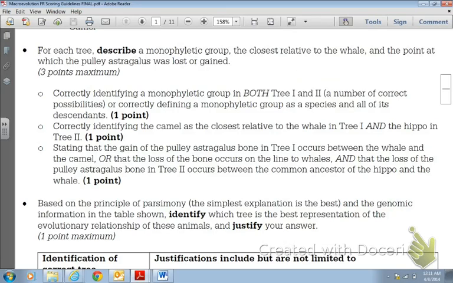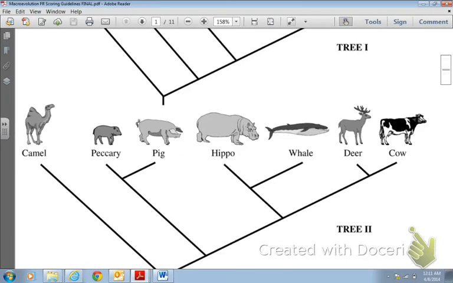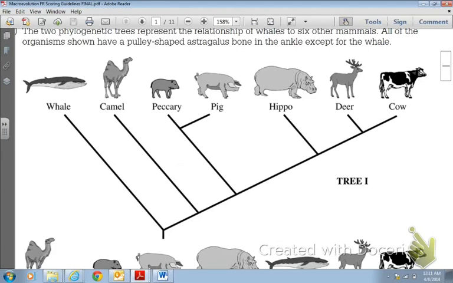Or correctly defining a monophyletic group. So 1 point there. The monophyletic group could have been anything, so on tree 1, it could be anything but the peccary pig. It could be any of those: whale, camel, hippo, deer, cow.